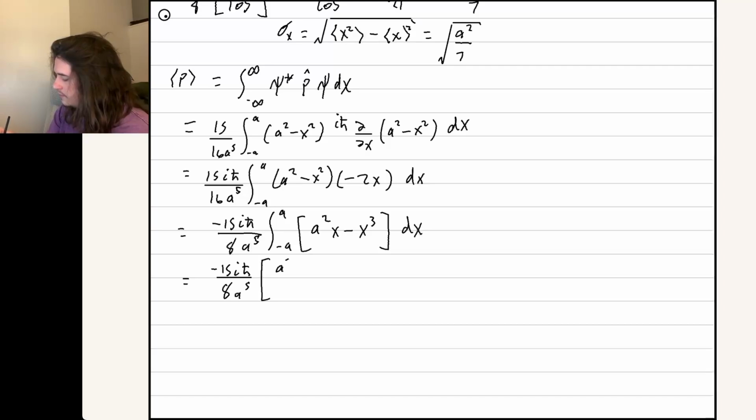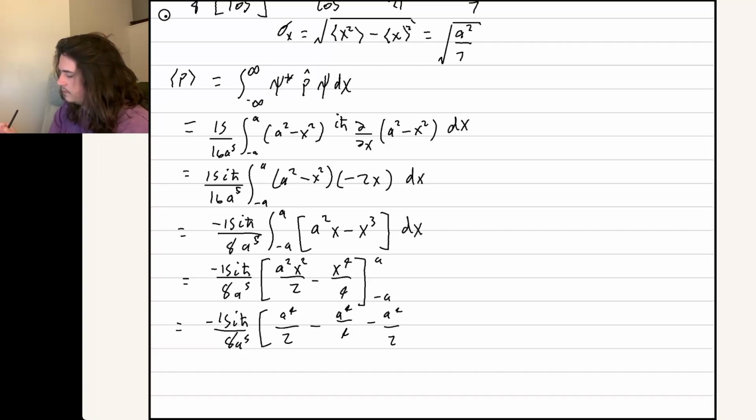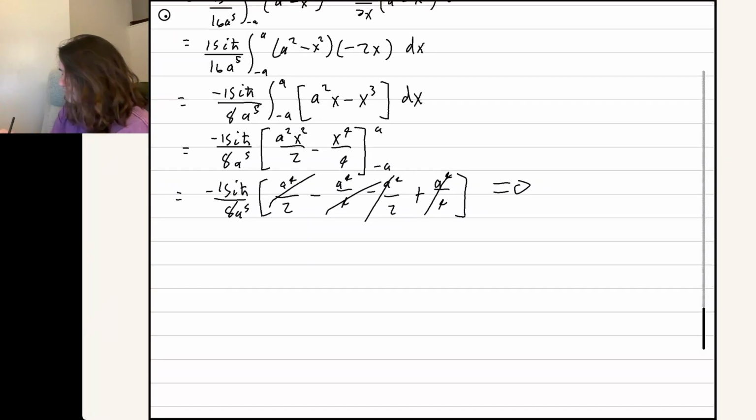It's going to be a squared x squared over 2 minus x fourth over 4 from minus a to a, which evaluates to a fourth over 2 minus a fourth over 4 minus a fourth over 2 plus a fourth over 4. Cancel, cancel, cancel, cancel. It's 0. Expectation value of momentum is 0.